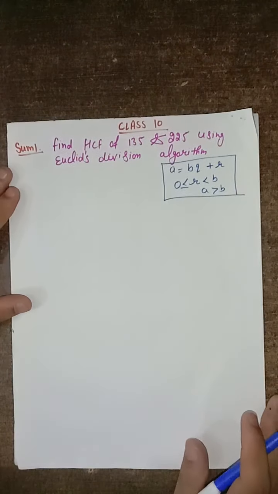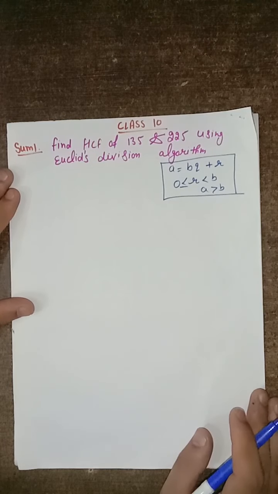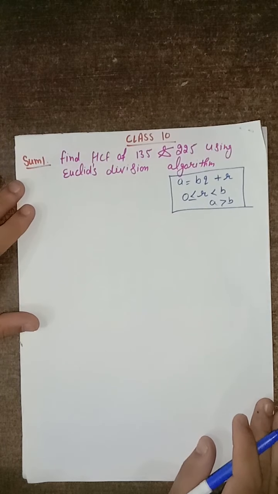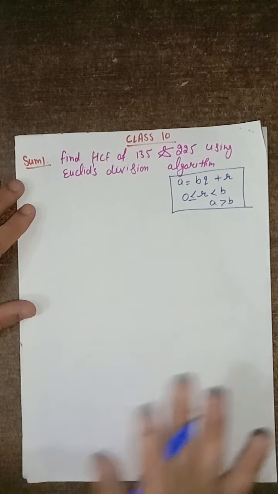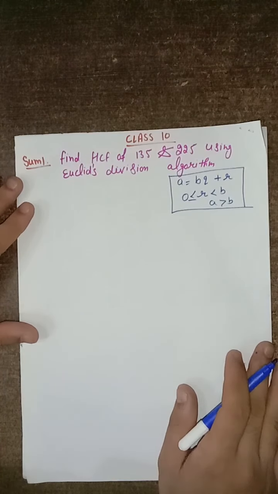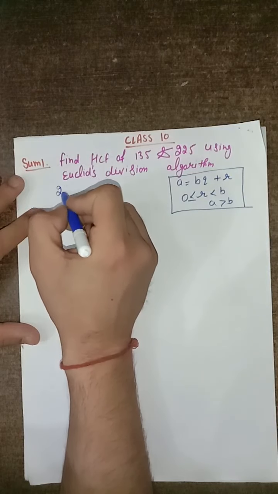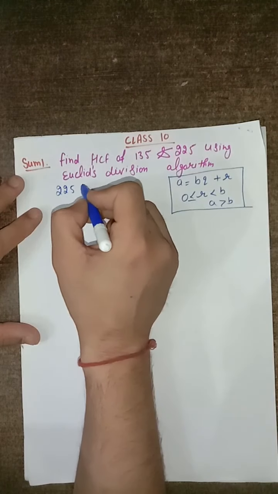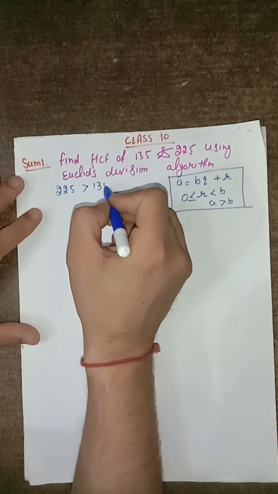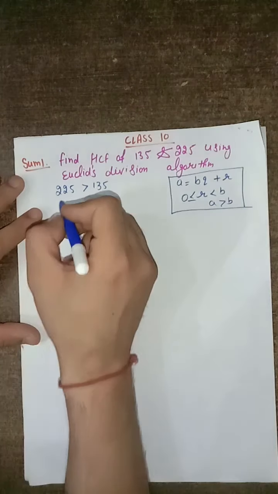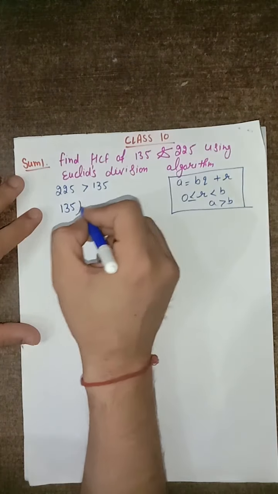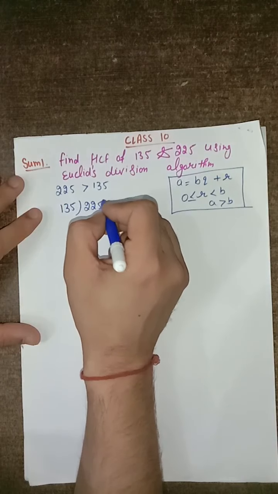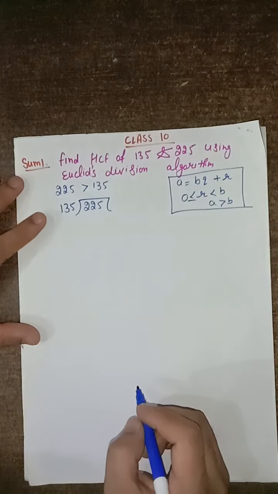Now our numerical is: find the HCF of 135 and 225 using Euclid's division algorithm. Here 225 is greater than 135, so 135 is the divisor and 225 is the dividend.